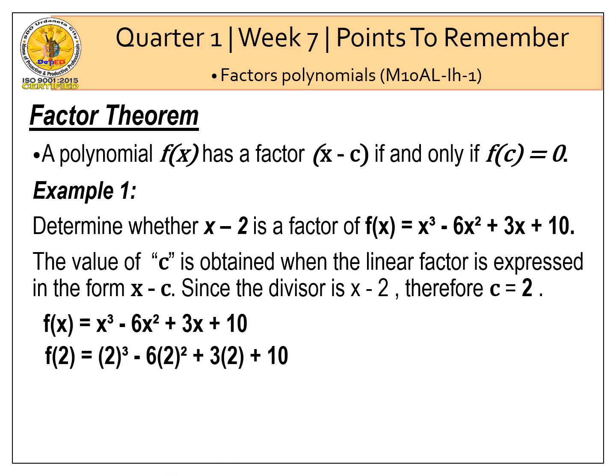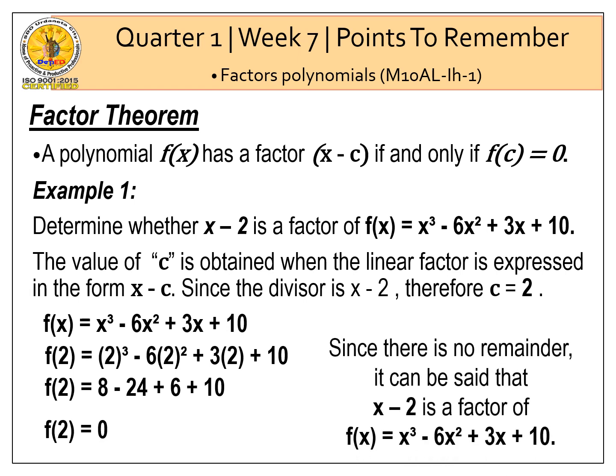So we have f of 2 is equal to 2 cubed minus 6 times 2 squared plus 3 times 2 plus 10. So we have 8 minus 24 plus 6 plus 10, or the value of the function is equal to 0. It means that our remainder is equal to 0.